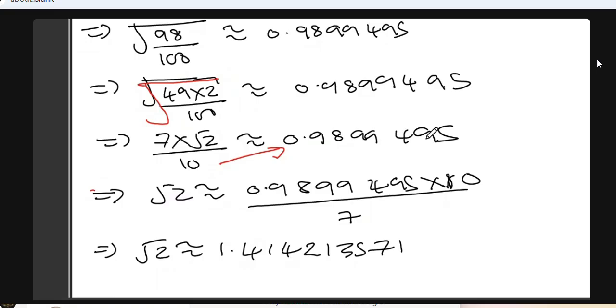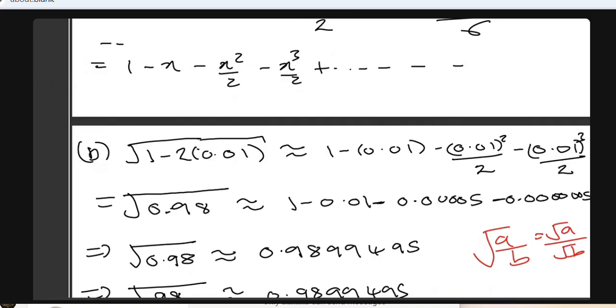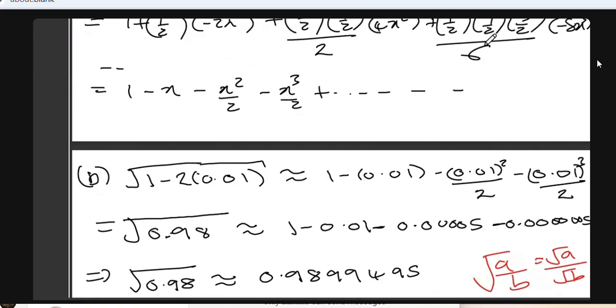Yes, Violet. Sir, here on the first step where you're saying 0.01 raised to the power 3, down here isn't it supposed to be 6 instead of 2? What did we find here? What was it? Because it's coming from here.